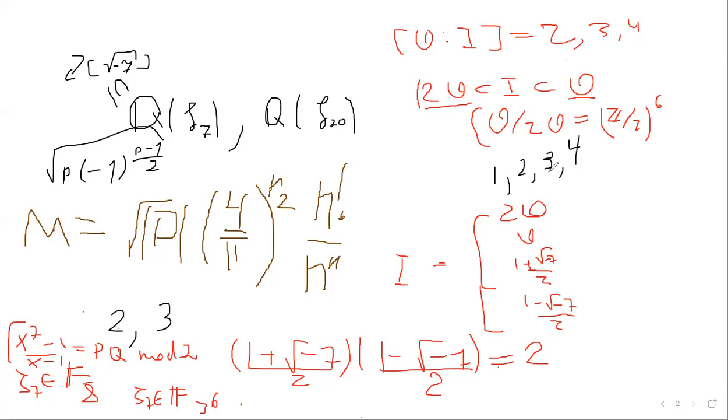So the only ideal that lies over 3 is 3, and it's principal, right? So it would be trivial in the ideal class group.